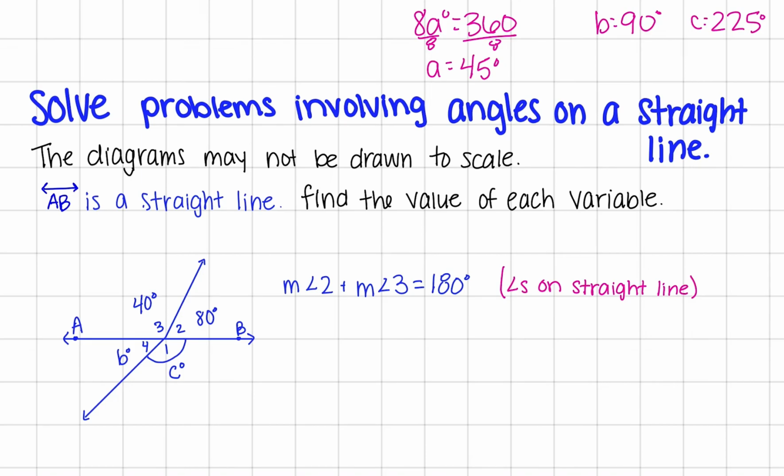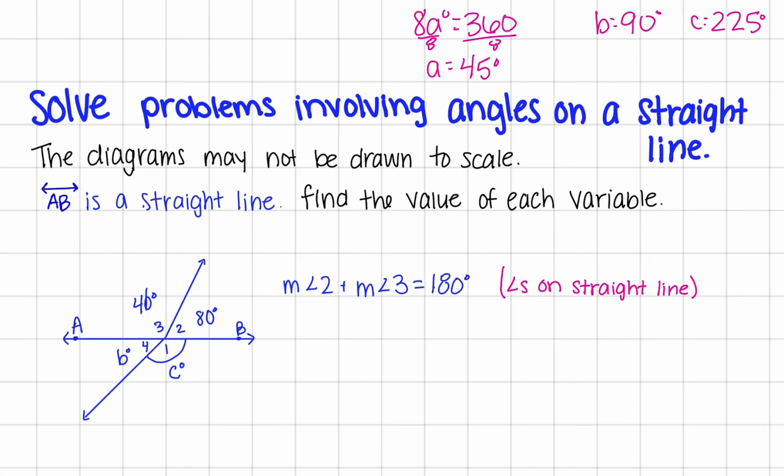Okay? So we know that angle 2 plus angle 3 equals 180 because AB is a straight line. And we know that angles on a straight line add up to 180. Okay? So we can substitute in. This should be 4B, not 4D, 4B.